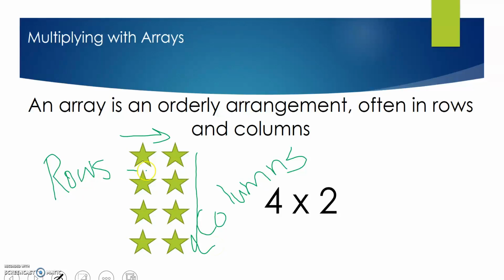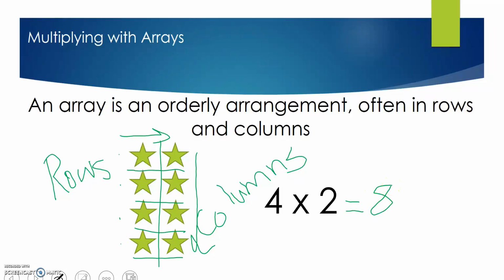I have 4 rows, 1, 2, 3, 4, and I have 2 in each row to create my 2 columns, and I can count them up, 2, 4, 6, 8, and get my answer.